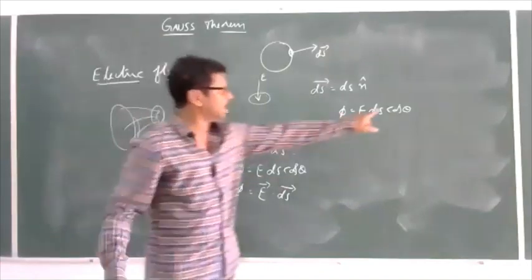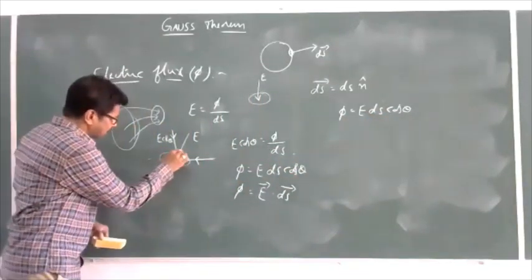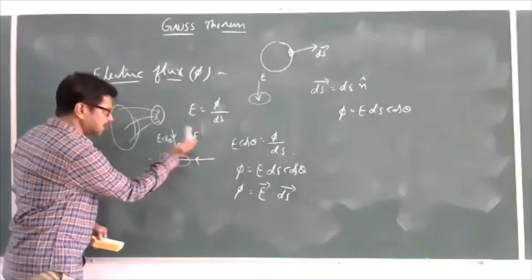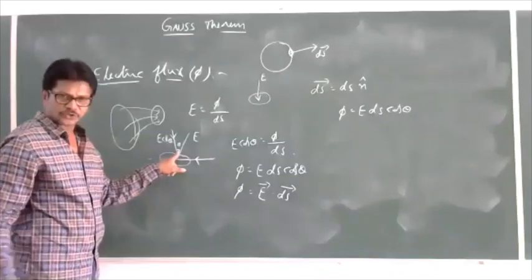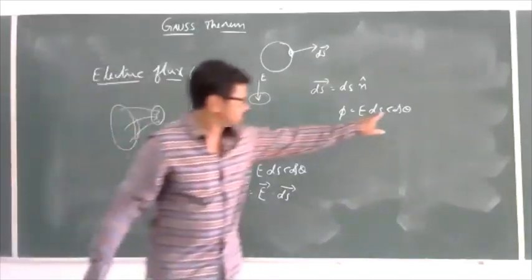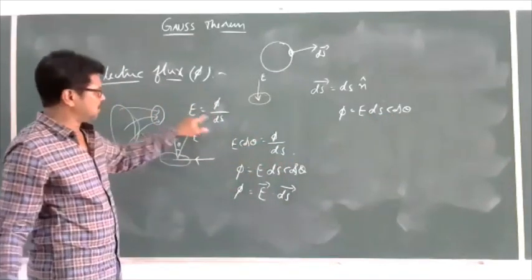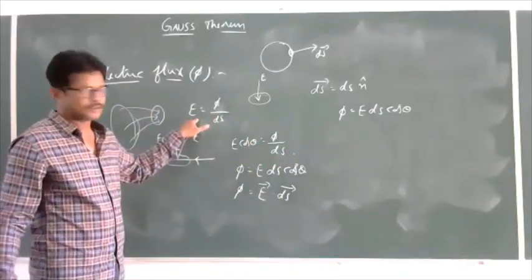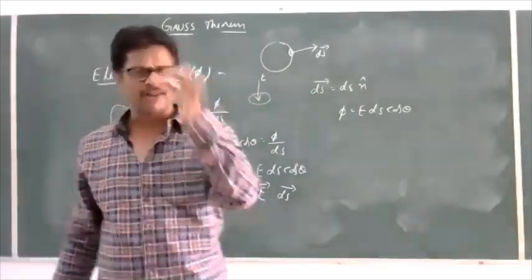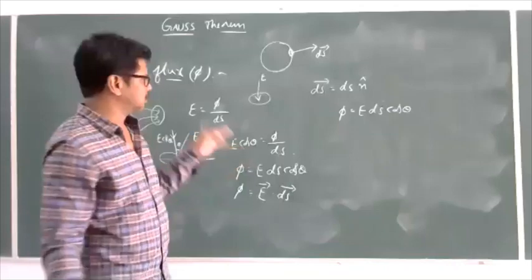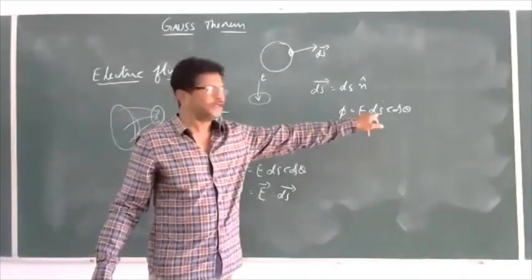Then what about the value of theta here? This E is acting along the normal itself. The value of theta is equal to 0. Cos 0 is equal to 1. Therefore, phi is equal to E into ds. So, in case of the total normal electric flux, phi is equal to E into ds.